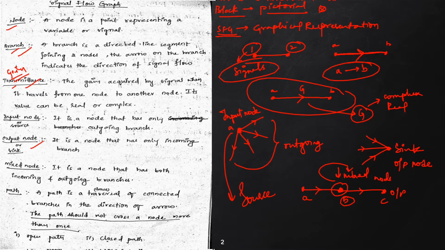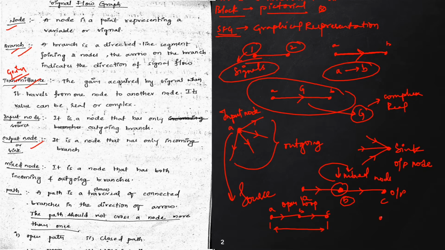Another important term is path. A path is a trace or a traversal of connected branches in the direction of the arrow. The path should not cross a node more than once. Suppose we have something like this, A, B, C, and from here to here, whatever the distance is, we call this a path, and this forms an open loop path.